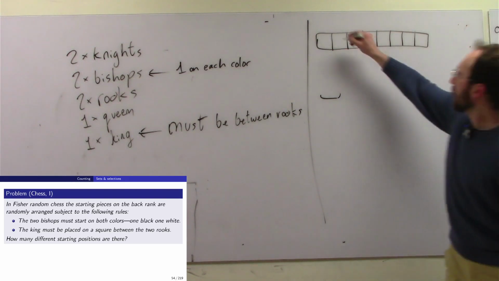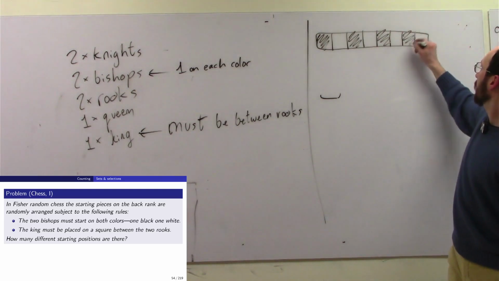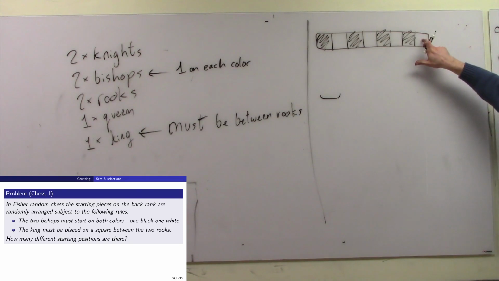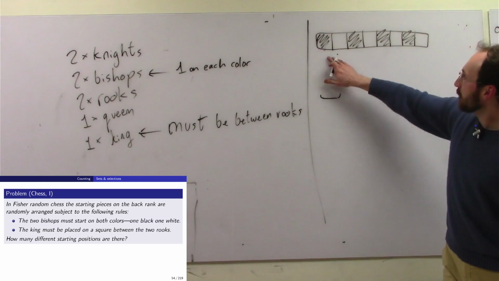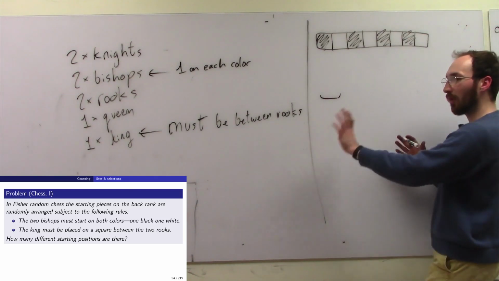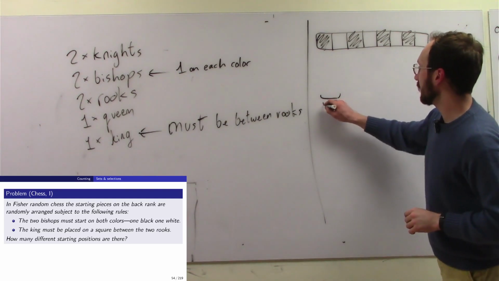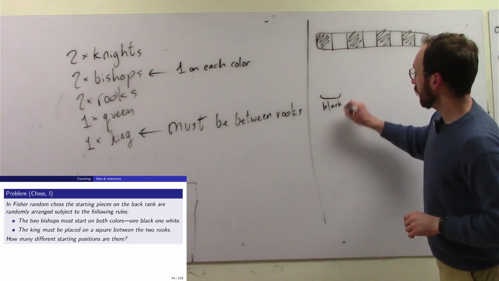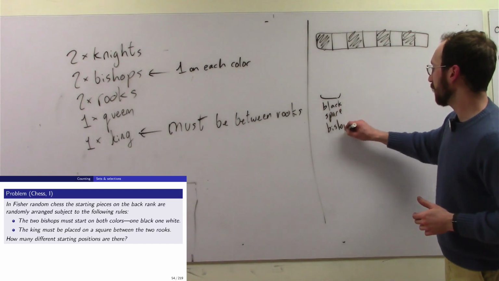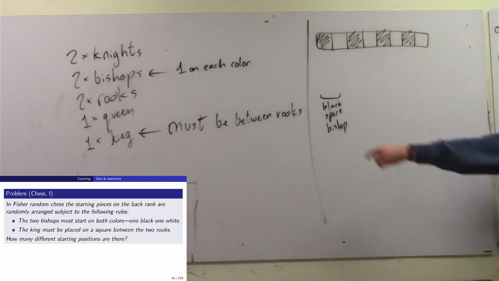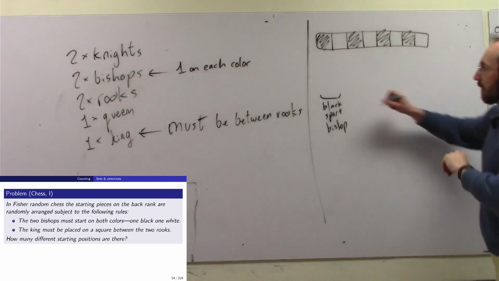We have the black spaces and the white spaces, and white is in the bottom right corner. So we have one bishop on the black spaces and one bishop on the white spaces. For the black space bishop, how many ways can we do it? Oh, that's not too bad. There's 1, 2, 3, 4 ways.